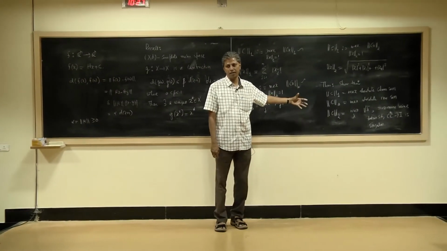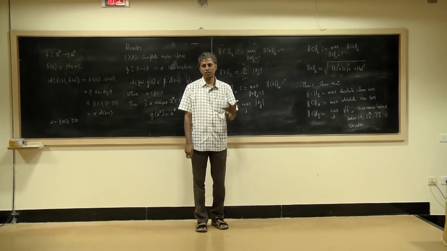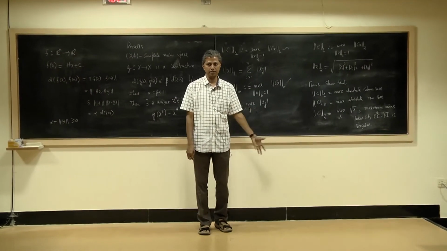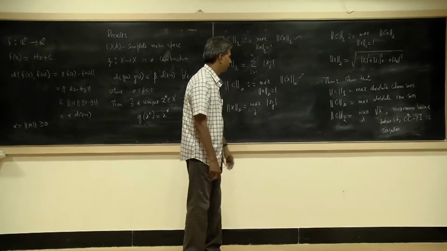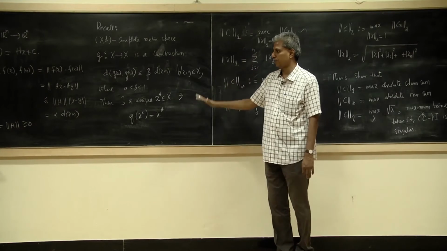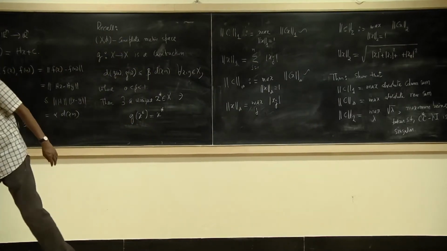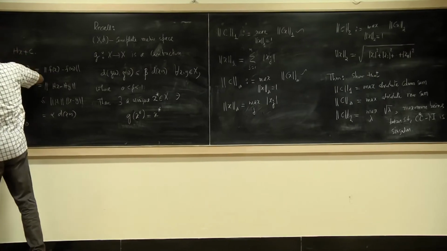How is this result relevant for the problem that we are discussing? More so, how is it related to M-matrices? That's what I want to discuss next. Now, in the practical problems that we have encountered, what happens is the following.